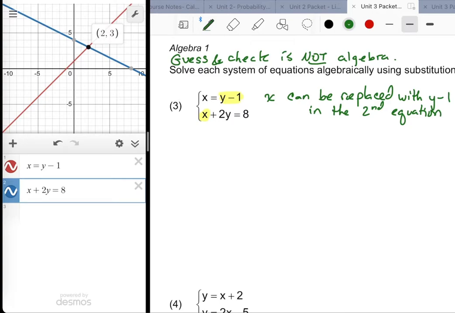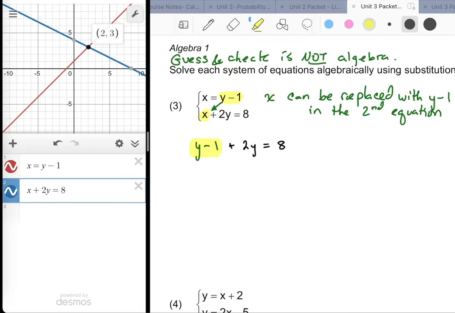So I'll make that substitution. y minus 1 plus 2y is equal to 8. Just by replacing the x with a y minus 1, I went from having two equations with two independent variables, two variables that are independent of one another, is what I really should say, to having a single equation with only one variable.